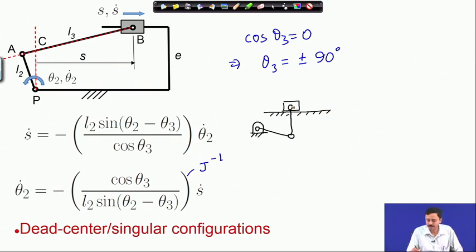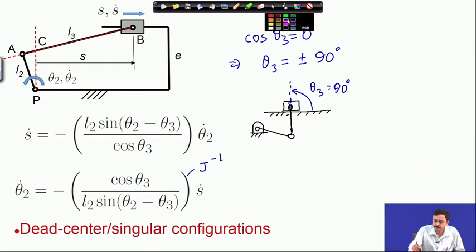If you can have a situation like this in a mechanism in a 3R1P chain, where you see this angle, theta 3, is 90 degrees, then what this says is the numerator of the Jacobian inverse goes to 0.